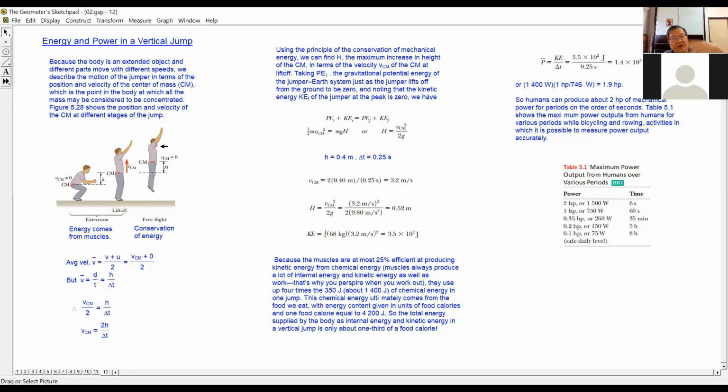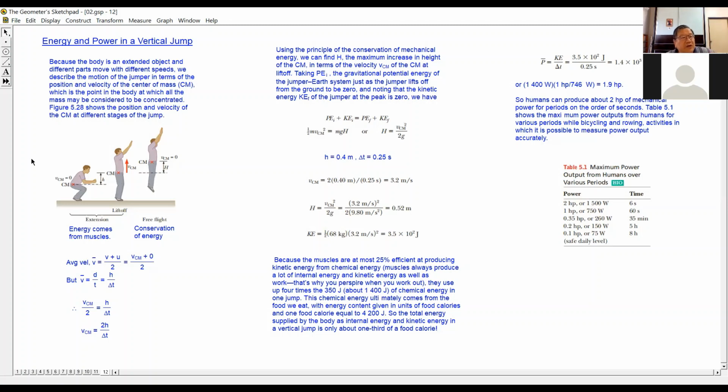Now this stage is actually free from the muscle already. His body has already lifted off from the ground. The two feet are just touching the ground, he springs up until this part. So from this figure until the third figure there, the muscles of the body are no longer contributing any energy.